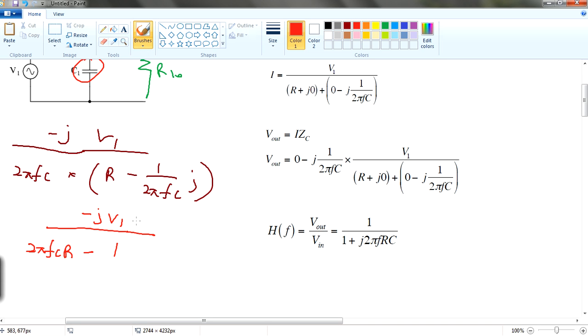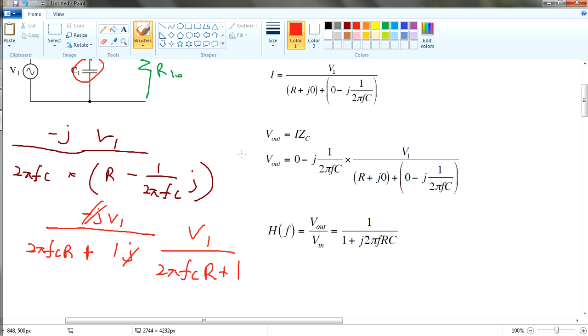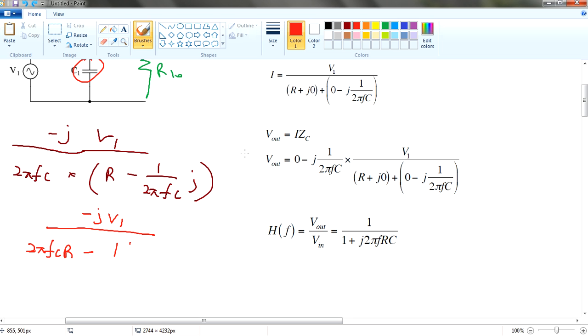So minus 1, multiply with J over here. You know that there is a minus J and there is a minus J over here, so you can cancel out. This also explains why we have V1 with a plus, because minus J and minus J cancel out. My fault, I shouldn't cancel in that manner.